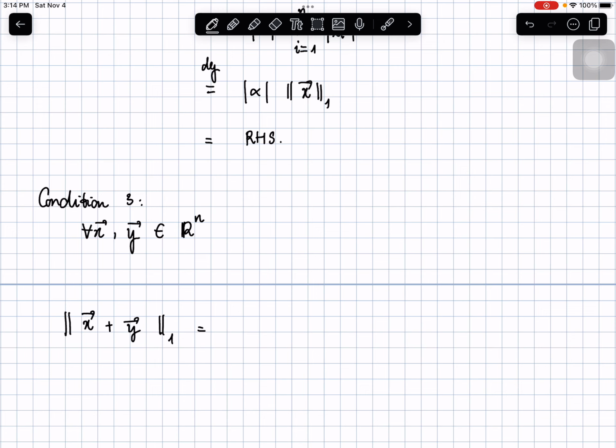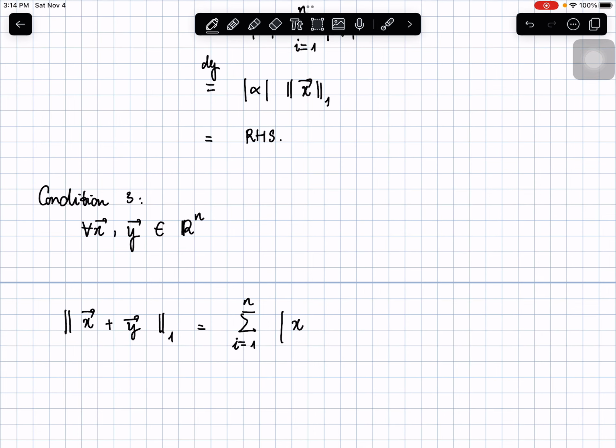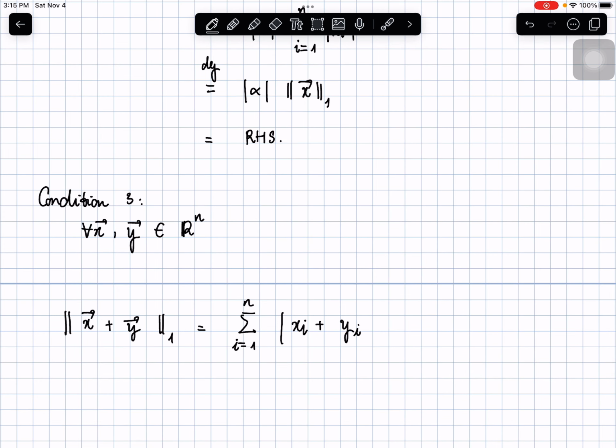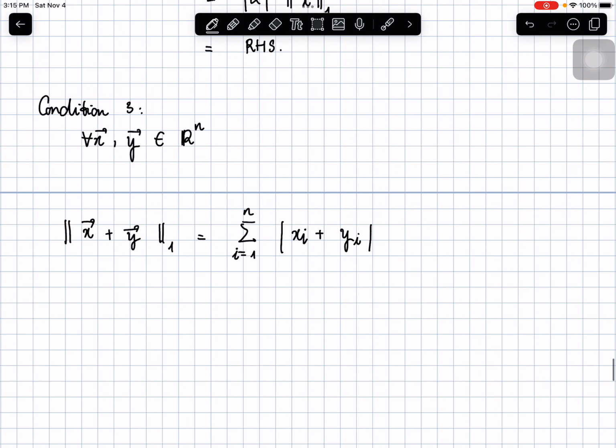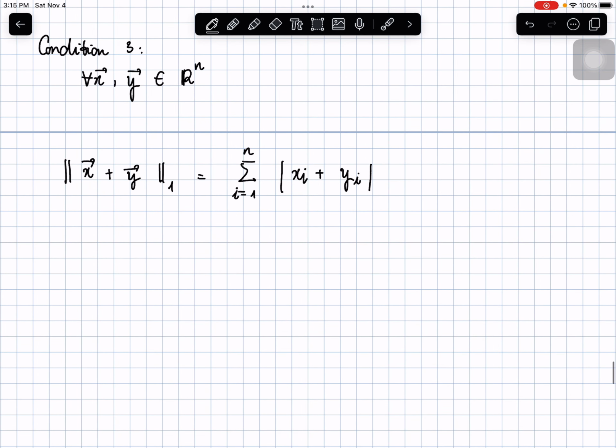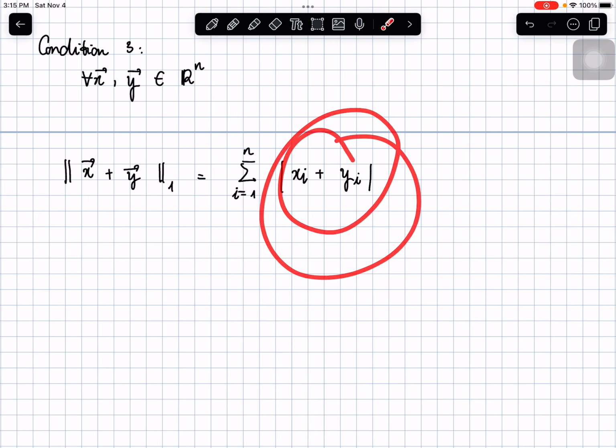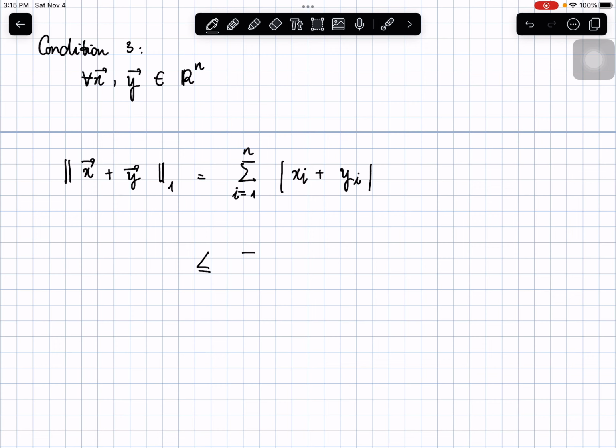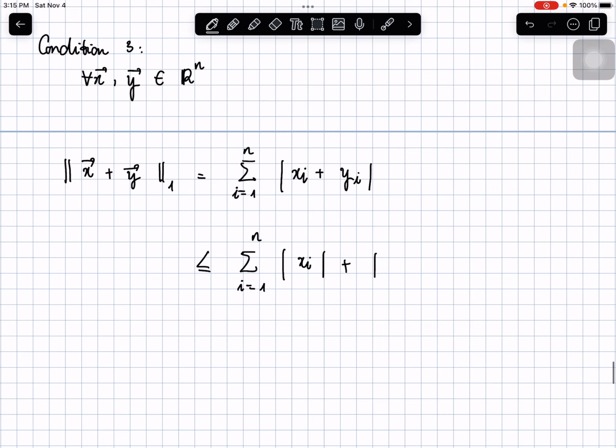By definition, this is the sum from 1 to n of the absolute value of xi plus yi, and recall we have the triangle inequality before for the absolute value, and this is less than or equal to the sum from 1 to n of the absolute value of xi plus the absolute value of yi. Yeah, so that is just a property of absolute value. It satisfies the triangle inequality.